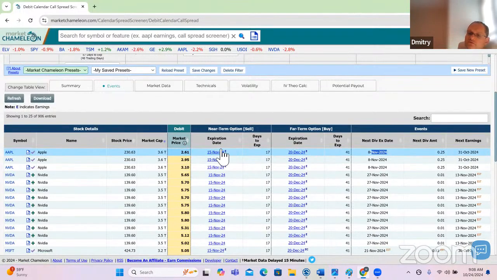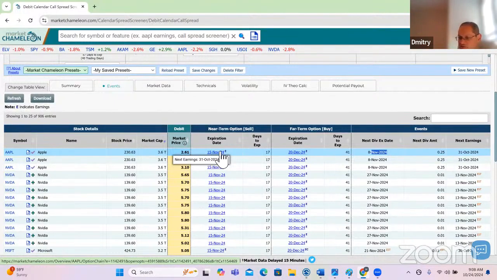The nearer term, November 15th, you would be short in this particular strategy that we're analyzing. Since November 8th comes before both expirations, you have to be aware that there's a dividend that is expected. And why is that important?